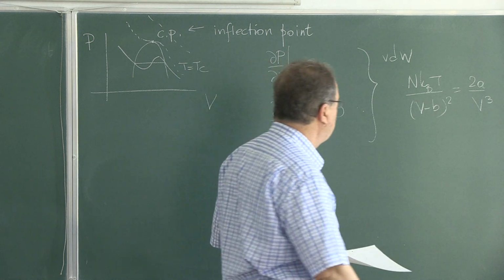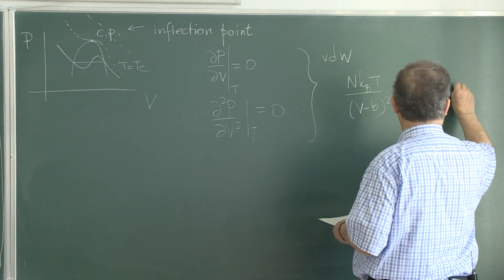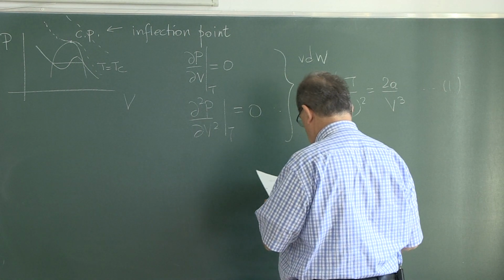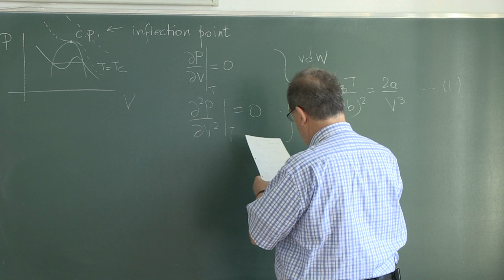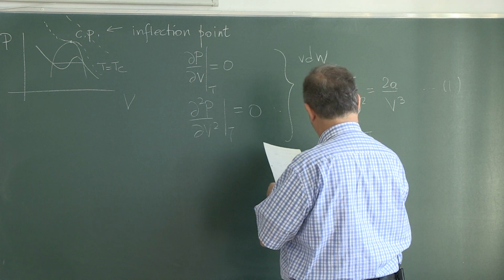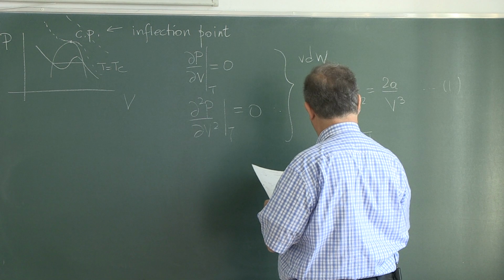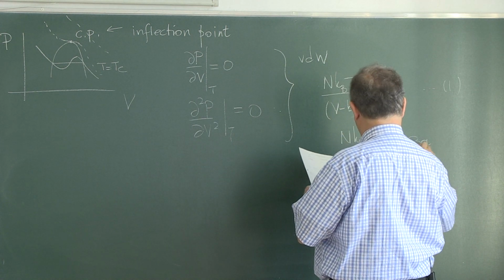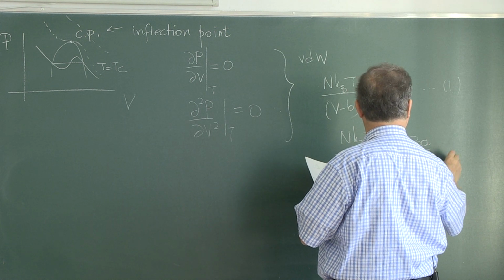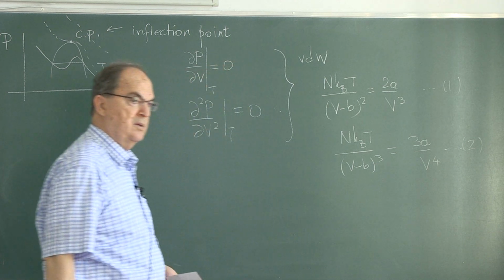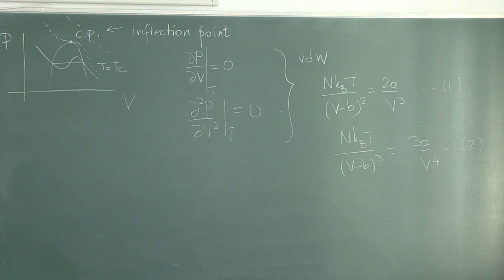This is the first equation you are going to get. If you take the second derivative, you get the following: n kB T over (V minus b) cubed is 3a over V to the 4. This is the second equation from the second derivative. Take the derivatives and you are going to see.